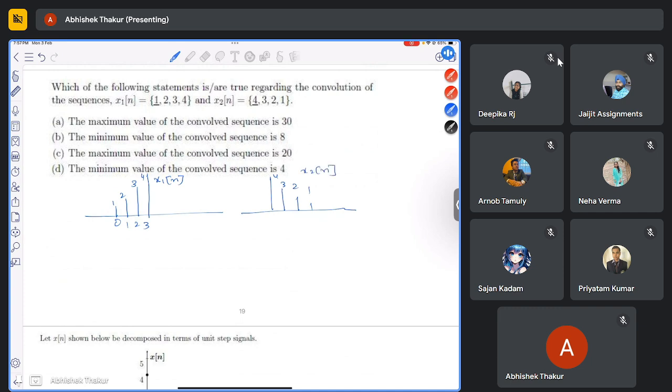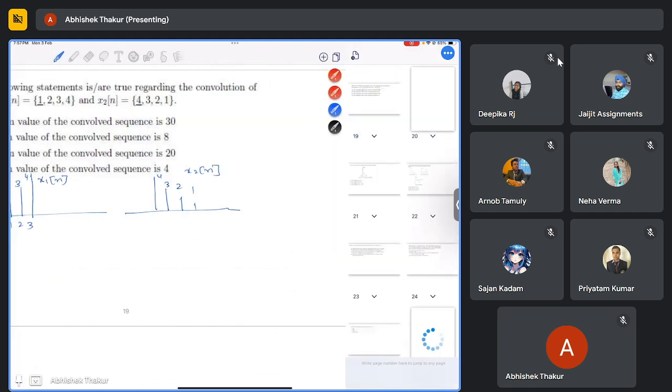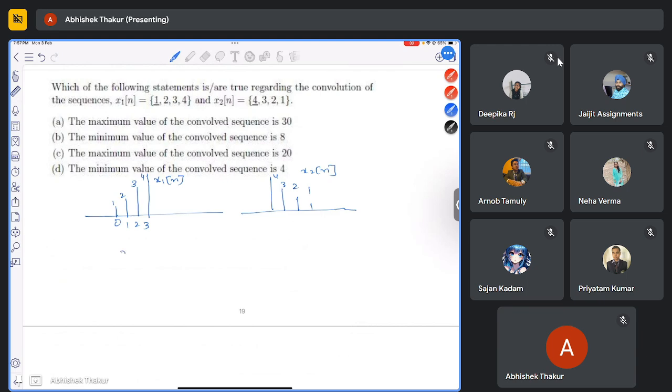Now for convolution, we have seen the graphical approach earlier. First, what we will do? We will take x1[k] and then reverse x2[-k]. So the convolution is equal to the summation of x1[k] into x2[n minus k].